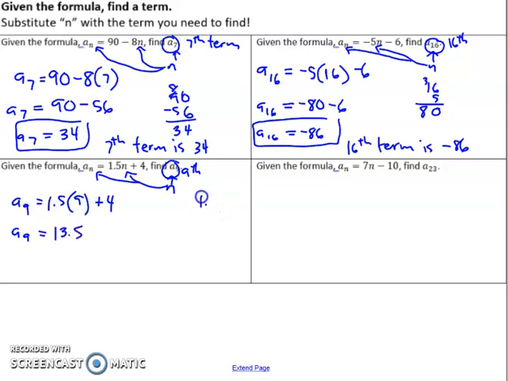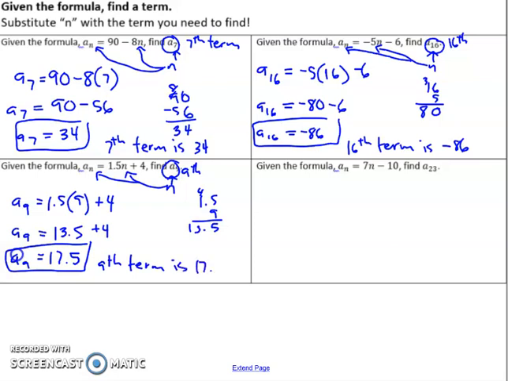Again, you could do that on your calculator off to the side. It's going to be 13.5. Plus 4. Don't drop off anything. So my 9th term is 17.5. One more just for good measure.